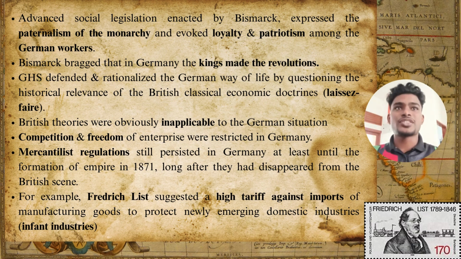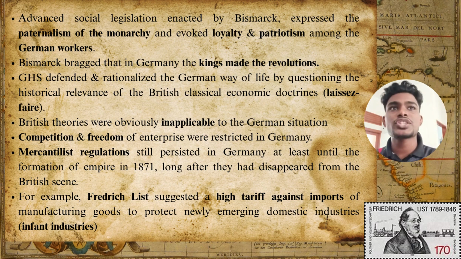The German historical school defended and rationalized the German way of life by questioning the British classical economic doctrines, which we know as laissez-faire. Why? Because they thought it was inapplicable to the German situation.